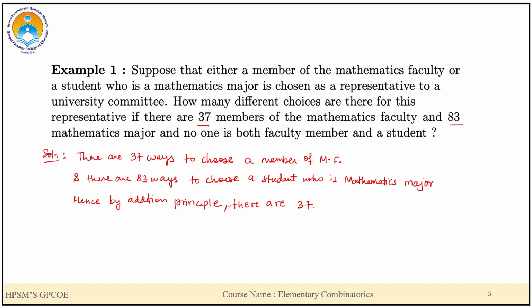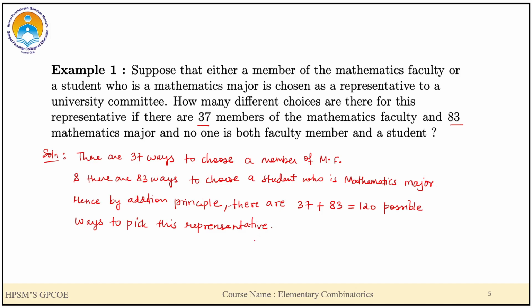So therefore there are 37 plus 83, which is equal to 120 possible ways to pick this representative.